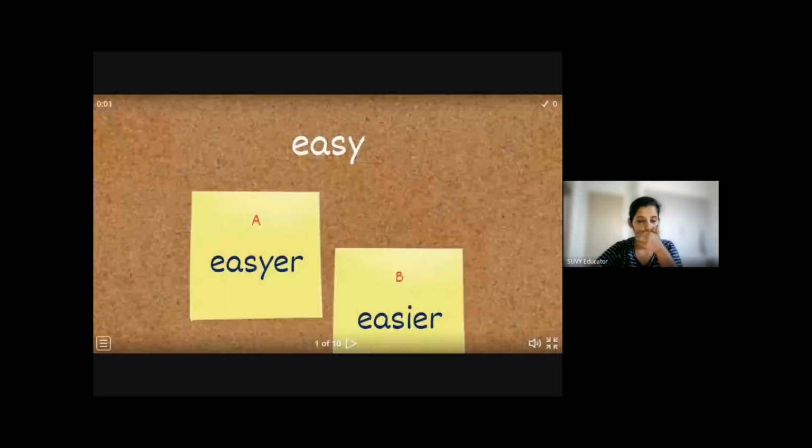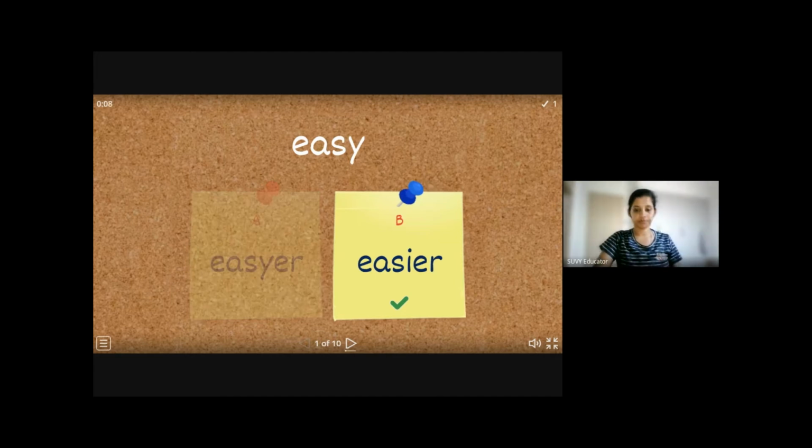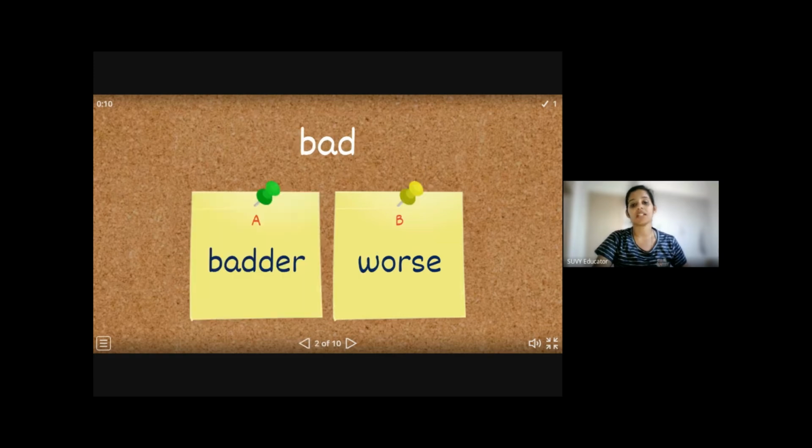Okay, so what is the comparative degree of easy? Easy has a Y, ending with a Y. So when it's ending with a Y, we add an IER. So it has to be easier. Now, bad. We know what is the comparative for bad.